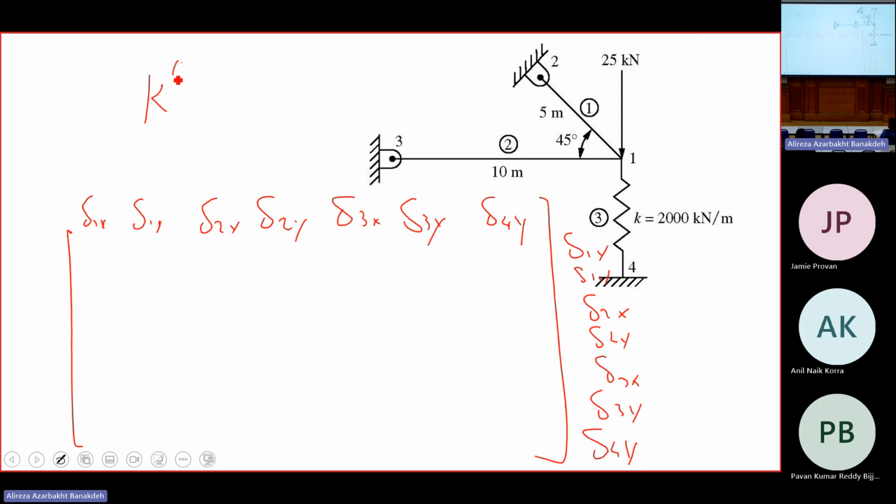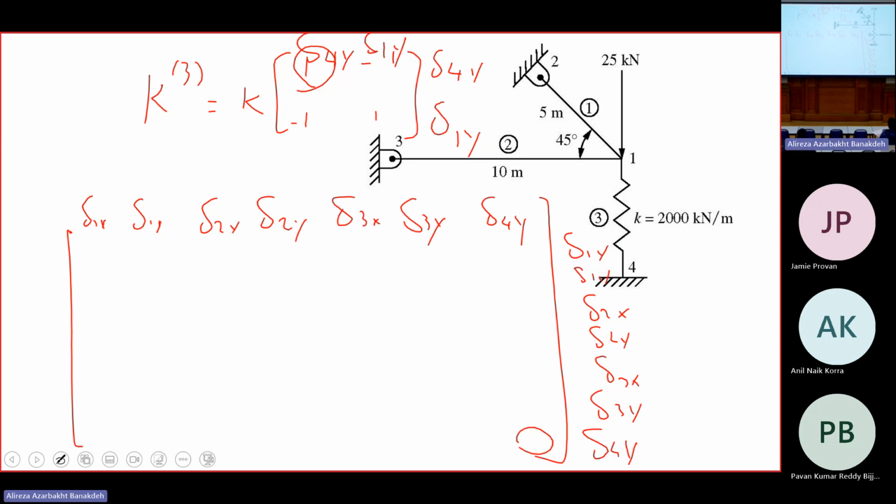And for the spring, which is element number 3, you have K 1 minus 1 minus 1 1. This is delta 4y, delta 1y, right? Delta 4y, delta 1y. So this one with the k goes here. This one goes here, delta 4y, delta 4y.